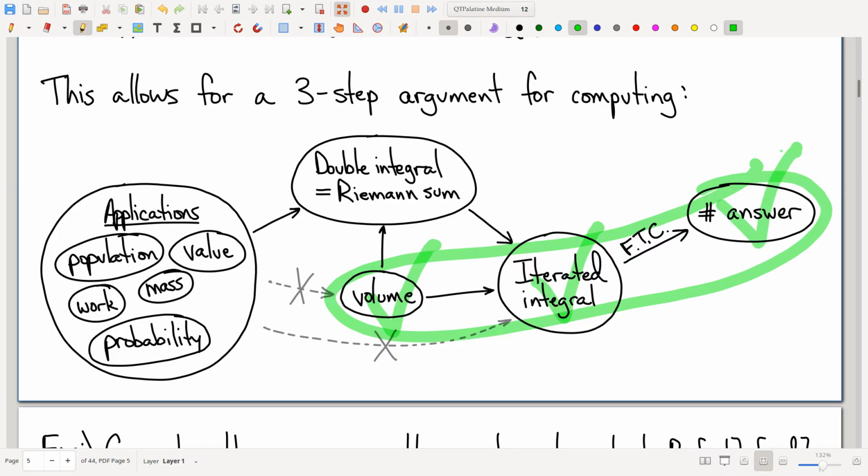And then we asked, hey, can I compute the mass distributed over an area with an iterated integral? And we had to recognize no. It doesn't make any sense. If you try to just directly write down an iterated integral to represent mass, the pieces don't fit together. It just doesn't work. So we can't do that.